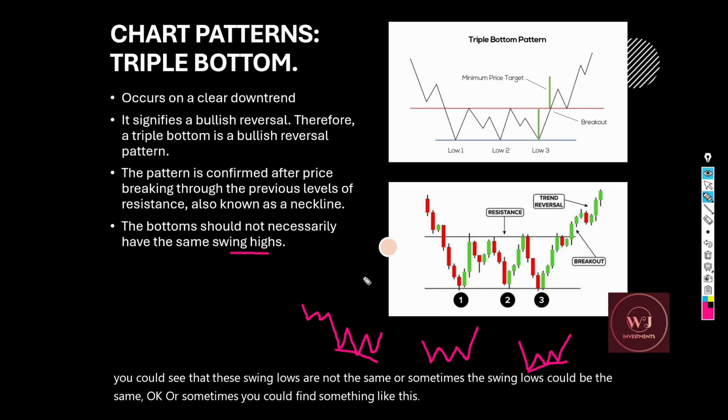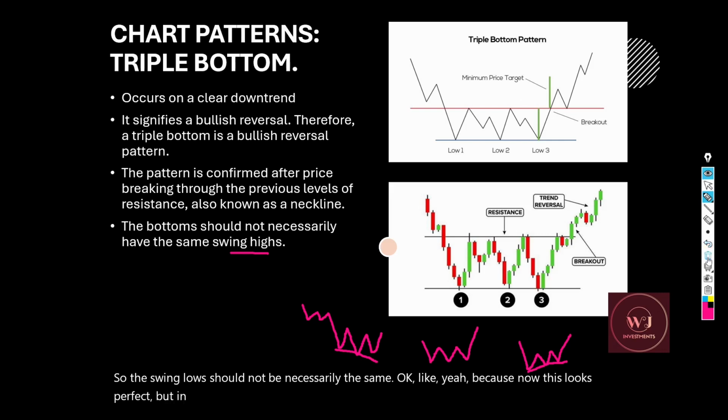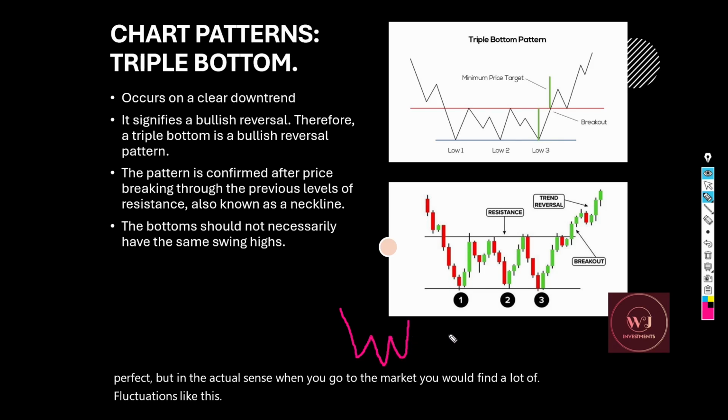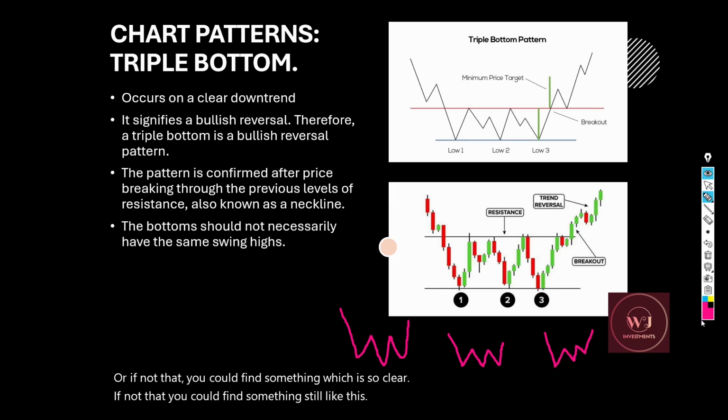Here it looks perfect, but in the actual sense, when you go to the market, you would find a lot of fluctuations like this. Or you could find something which is so clear, or something still like this. That still remains a triple bottom.